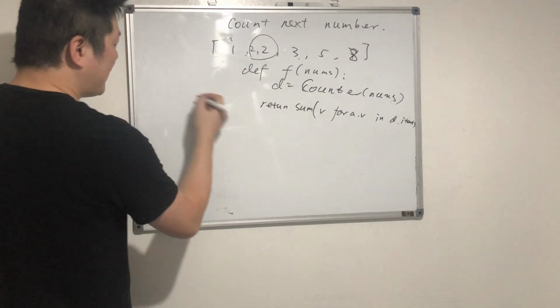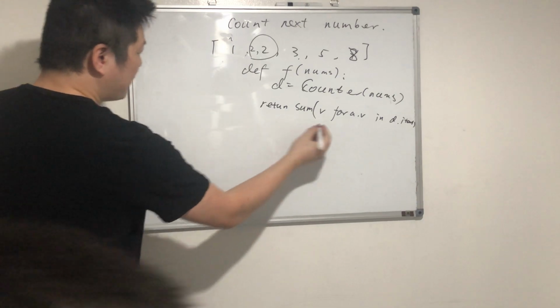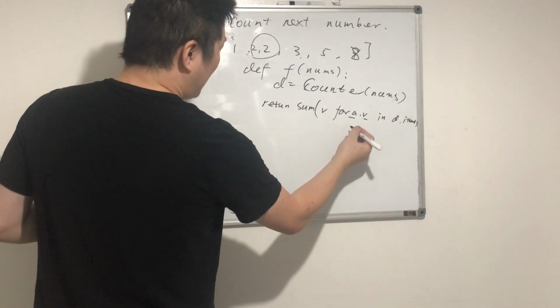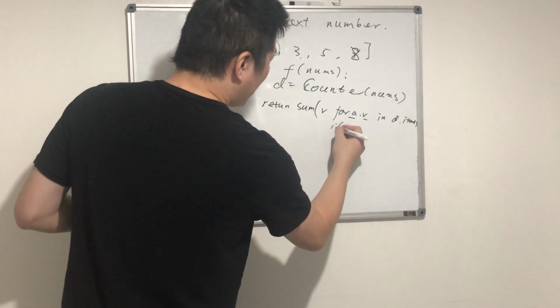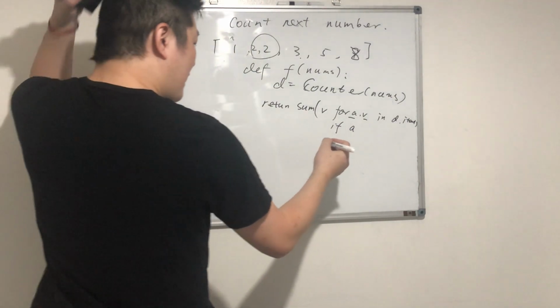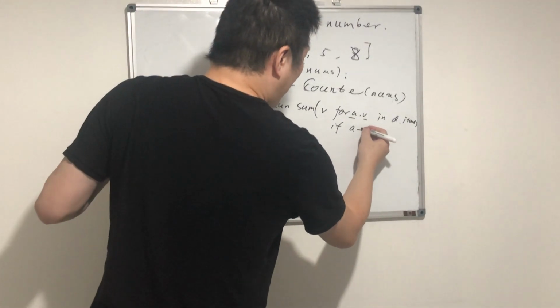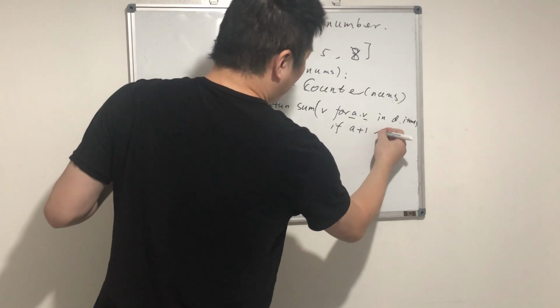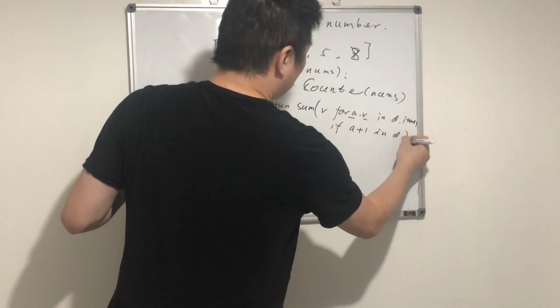Look, when you have the dictionary D dot items, it actually will be key and value. And if K plus 1 is in D.